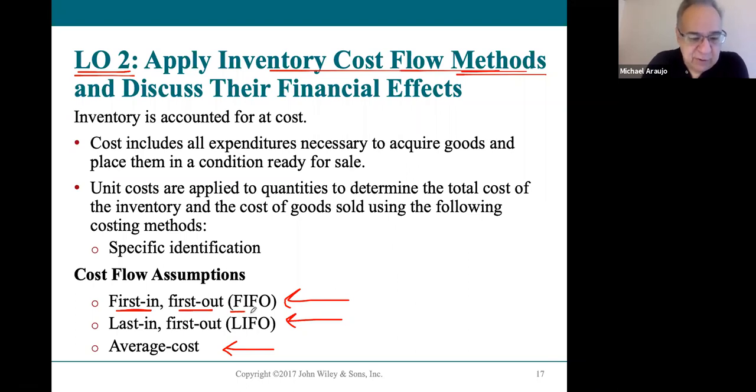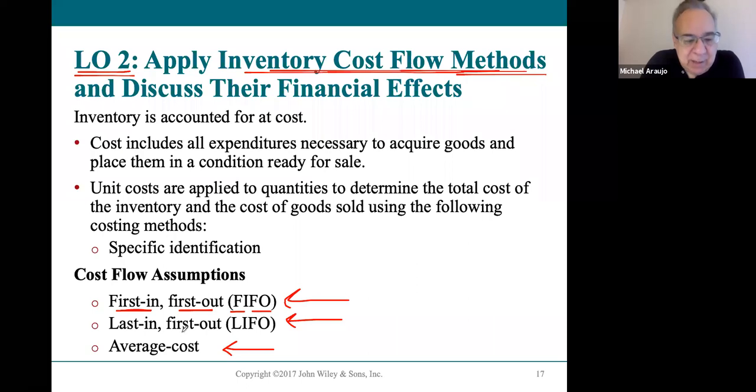So FIFO really talks about the flow of the inventory. The first ones in the store are the first ones they sell to the customer, at least from the accounting standpoint. We don't actually physically know whether that's the very first one they bought and sold to the customer. But from an accounting standpoint, we have to cost those things out. So this is a method we can use. The first one in is the first one out.